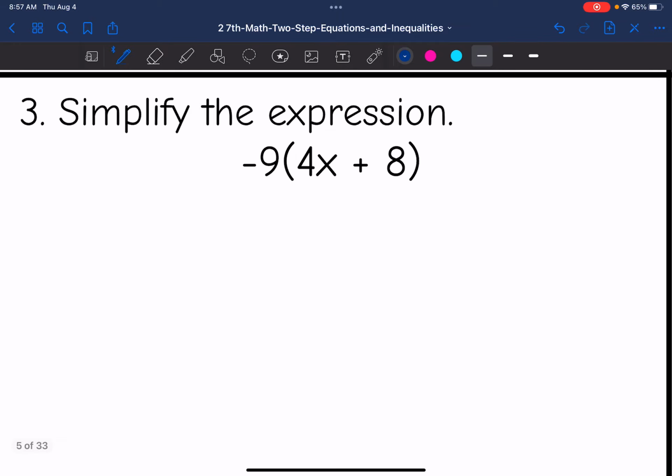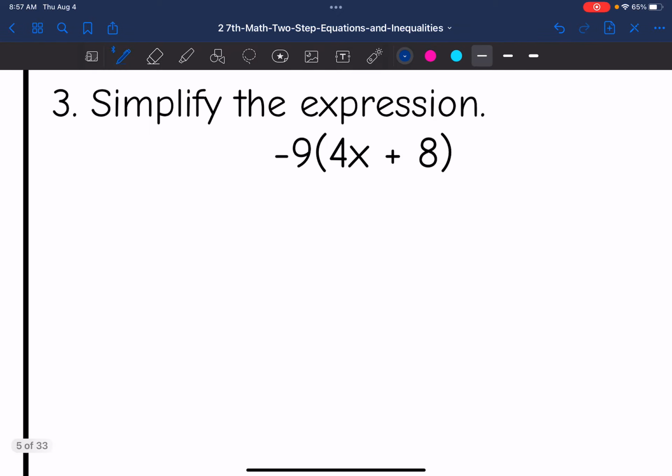All right, number 3, I am distributing a negative 9 to 4x and to 8. So negative 9 times 4x would be negative 36x, and then negative 9 times 8 would be negative 72.